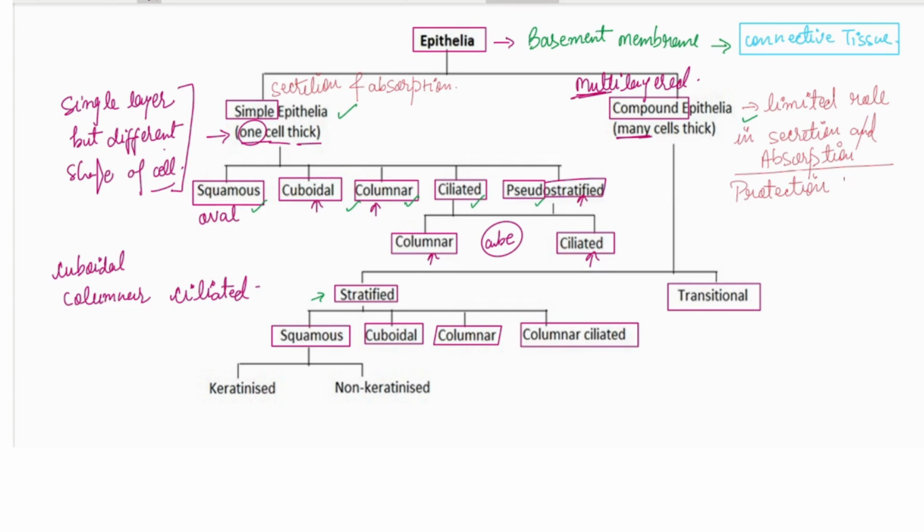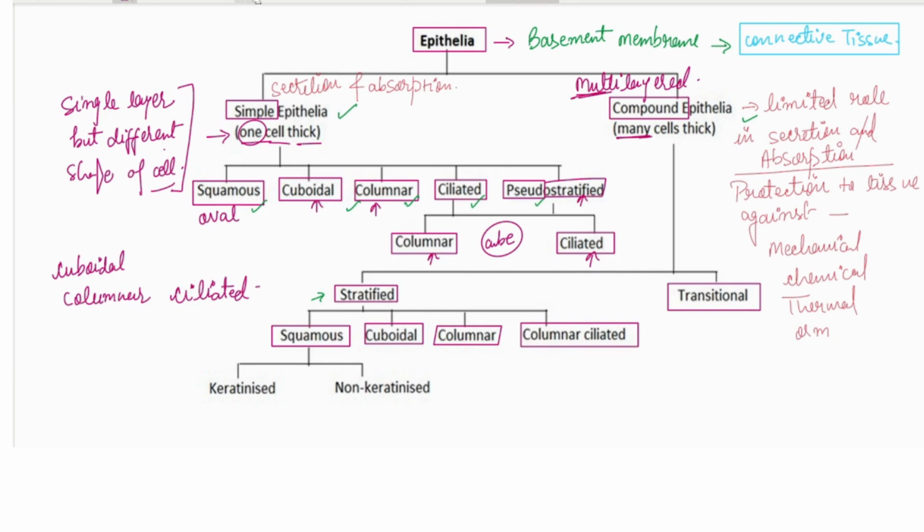It is giving protection to the tissues against mechanical, chemical, thermal, or maybe osmotic pressure.